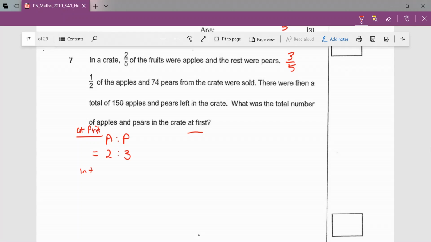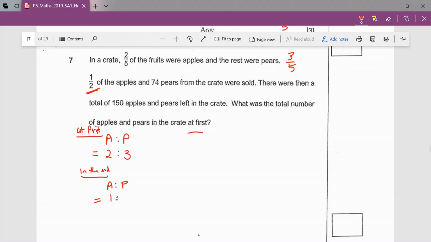In the end, you are going to have apples is to pears, 1. Why is it 1? Because half of it is gone, right? So half of 2 is 1, that is gone, and also 1 is left, that is left over.